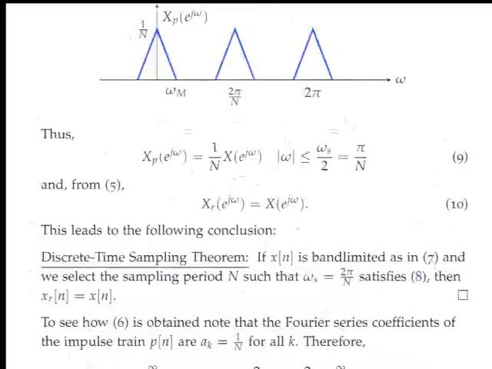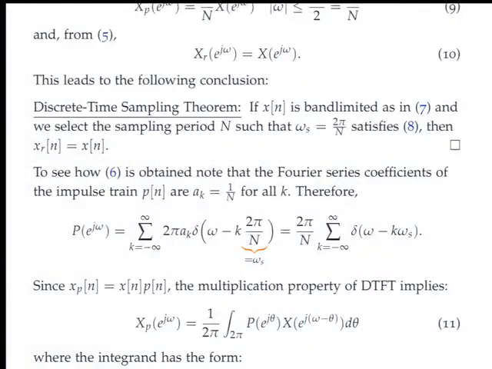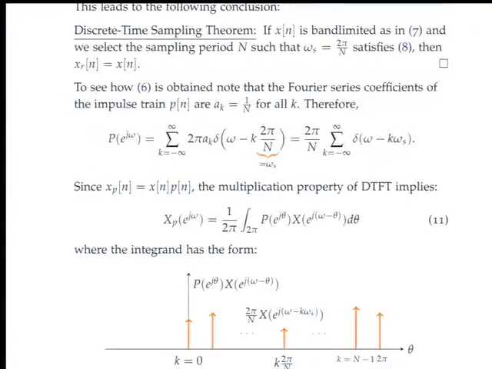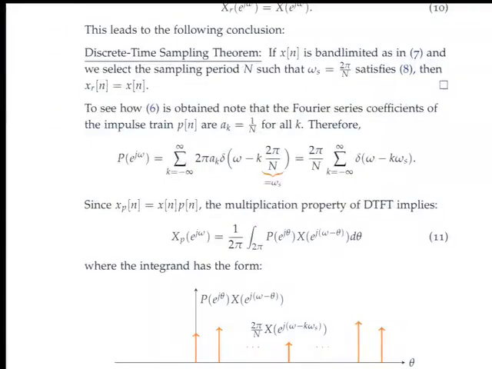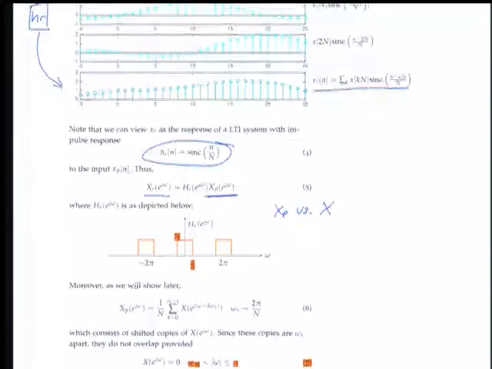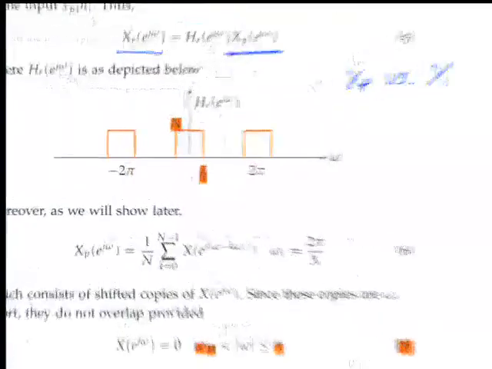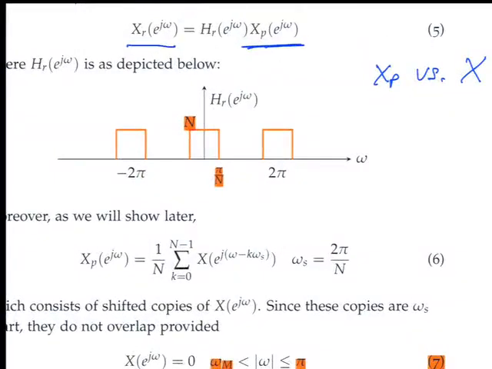Now, I'm going to skip this because you guys did this for continuous time impulse train. It's even easier in discrete time, so it's written in the notes. You can look at it. So this explains why this expression was correct, equation 6. Yxp consists of shifted copies of x, right? Why does impulse train sampling do that to the Fourier transform?